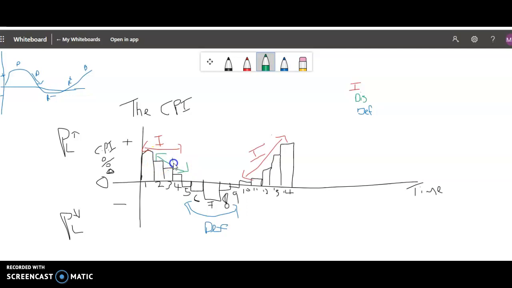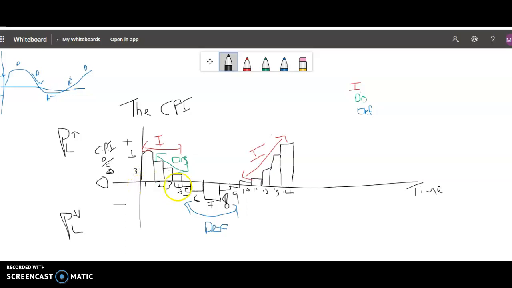Okay, disinflation. And just to give you some ideas of values, with my black pen, like I said, maybe this is 5%. And maybe here we're hitting 3.